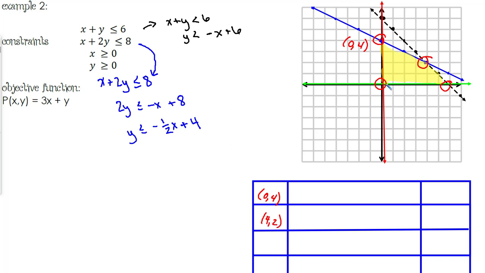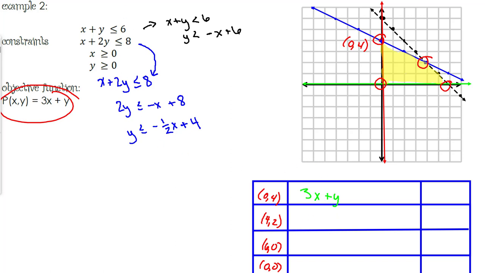The next one, which is at 6, 0. And our last one, which was at 0, 0. Now we're going to plug these into your objective function. So our objective function said that 3x plus y is what we're plugging it into.